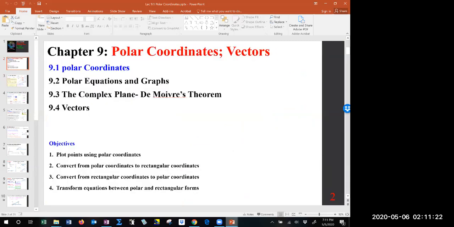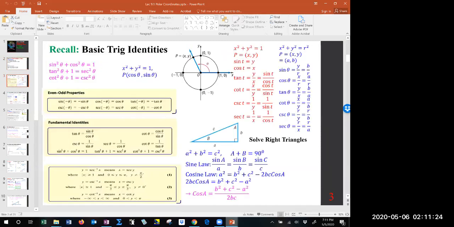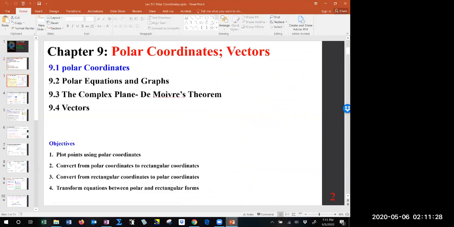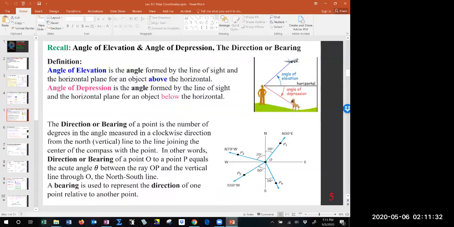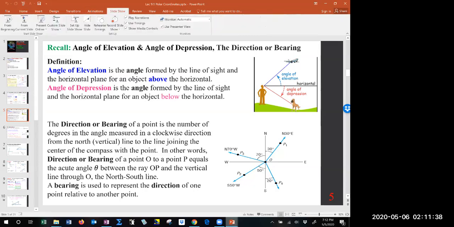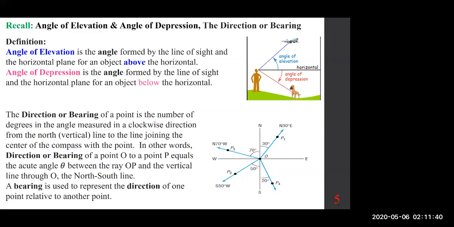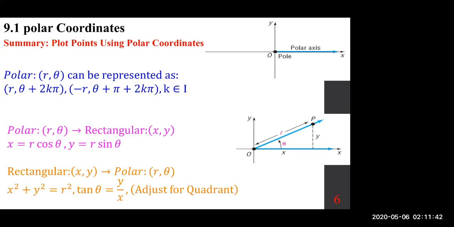And again, it's extremely important to remember the identities that we have learned in trigonometry. Okay. And let me put this in slide mode to get us started. This is the synopsis of the section.